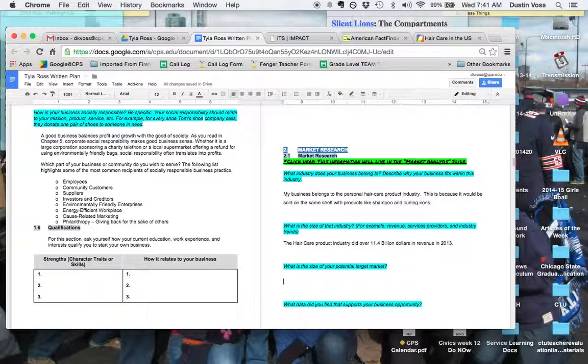So the market started with the total population of the Roseland area.